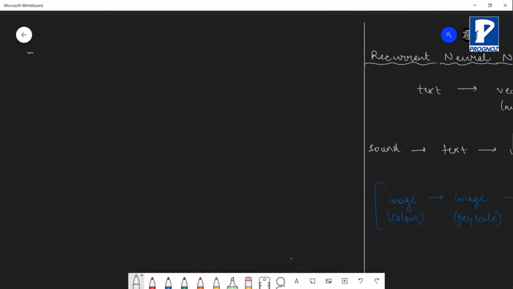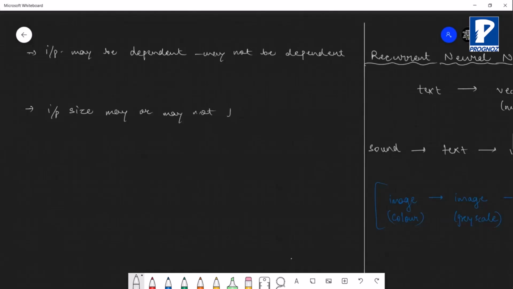Meaning, in case of RNN the input may be dependent, may not be dependent. I'll give you examples of these. Also the input size may or may not be same. Okay, these two points we have to understand, these two points we have to remember.